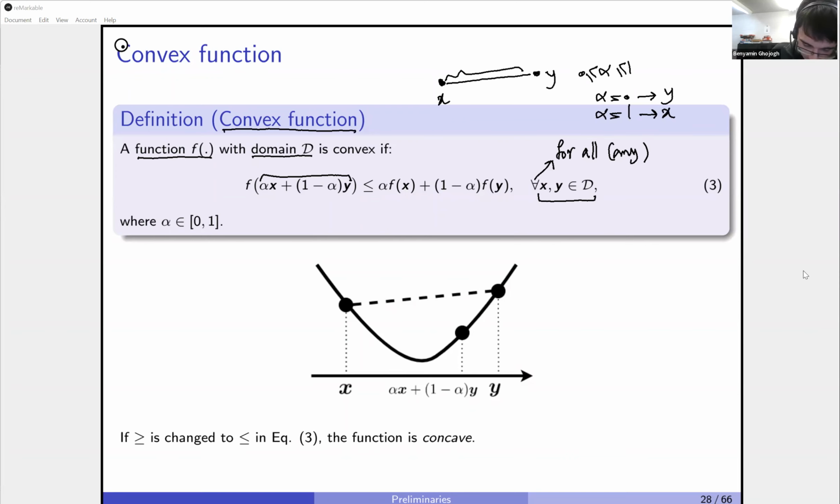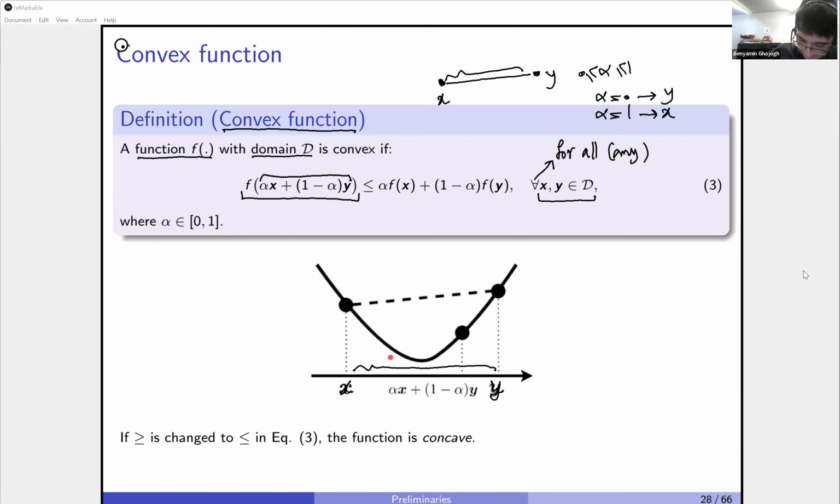And this says that if this is x, for example, and this is y, for all points here in this region, which is alpha x plus 1 minus alpha y, any point here, if we feed it to the function f, it will have this.